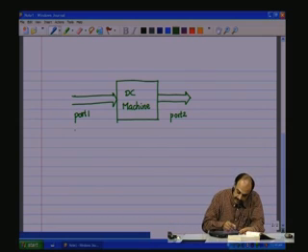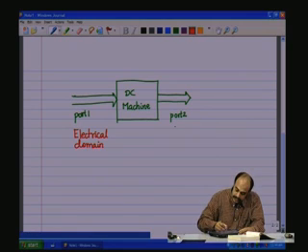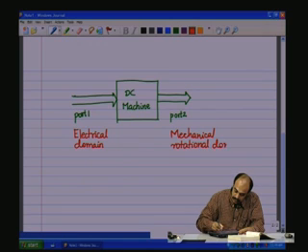One port is electrical in nature, meaning port 1, let us say, is in the electrical domain. Port 2 is in the mechanical rotational domain.